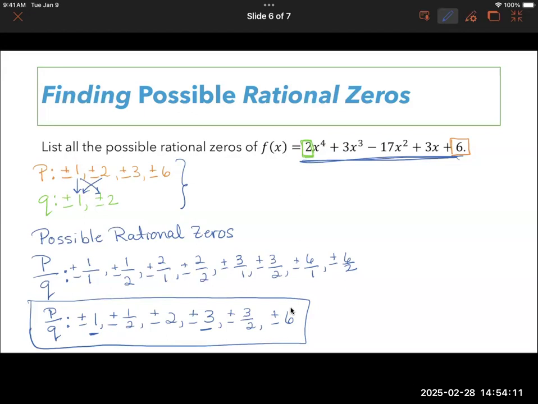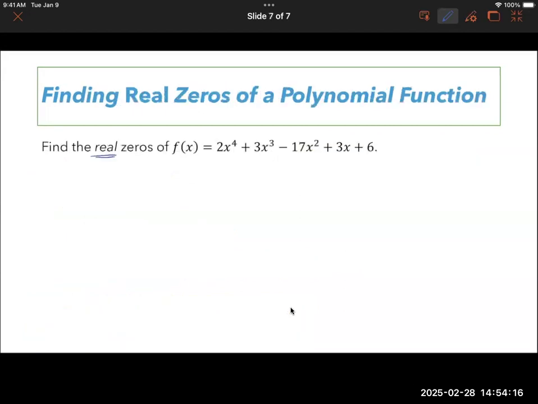So we've got 1, 1/2, 2, 3, 3/2, and 6. Let's rewrite this over here so we know what we're working with. Plus or minus 1, plus or minus 1/2, plus or minus 2, plus or minus 3, plus or minus 3/2, and plus or minus 6.